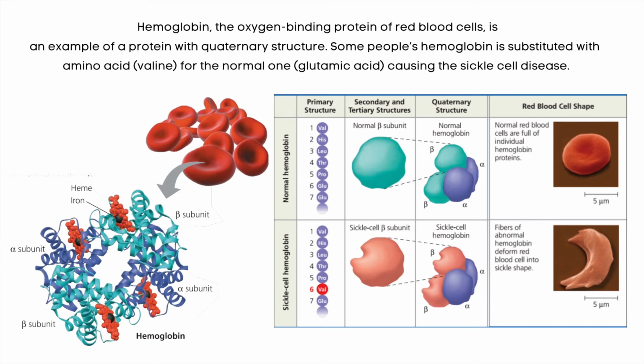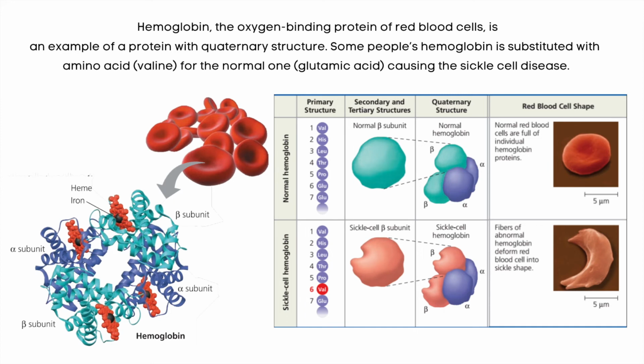Sometimes, a slight change in the primary structure can affect a protein's shape and ability to function. For instance, the sickle cell disease. It is an inherited blood disorder which is caused by the substitution of one amino acid, valine, for the normal one, which is glutamic acid, at the position of the sixth amino acid in the primary structure of hemoglobin.